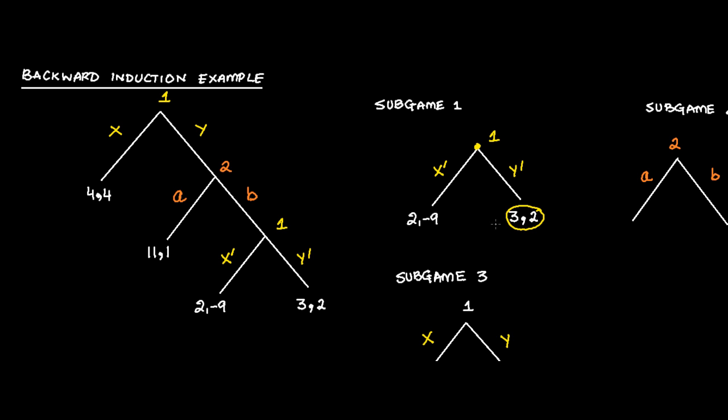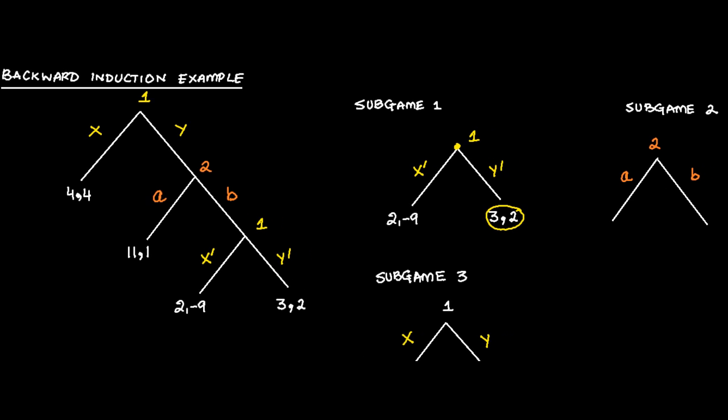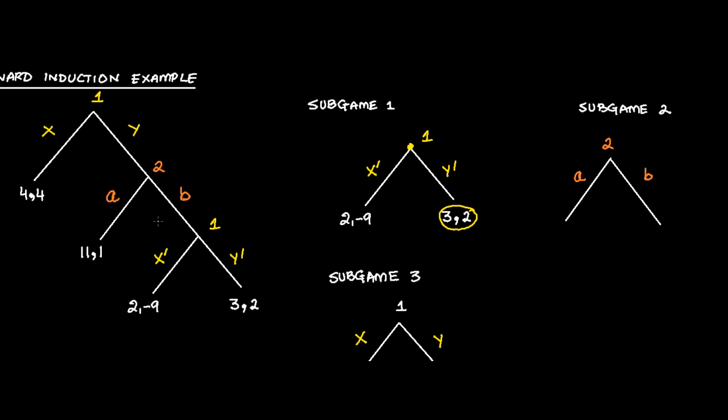Fine. Now you will move to the penultimate game, which is subgame 2. Now the game is sitting at this position. Player 2 is going to decide between A and B. If he picks A, his payoffs are 11 and 1.